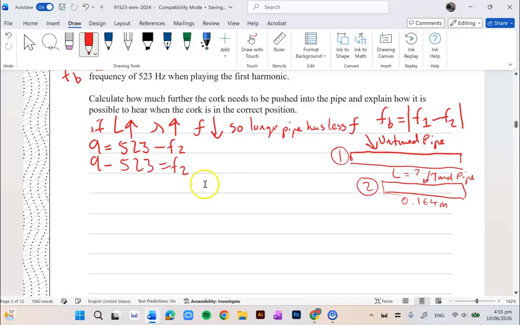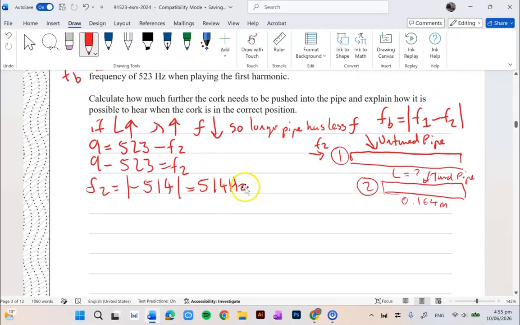By the way, F2 is the frequency of the untuned pipe. So that's F2. And then F2 is going to equal negative 514, but we absolute value it, so it's actually just going to be 514 hertz. And that checks out because it's supposed to have a lower frequency than the tuned pipe, which is F1.